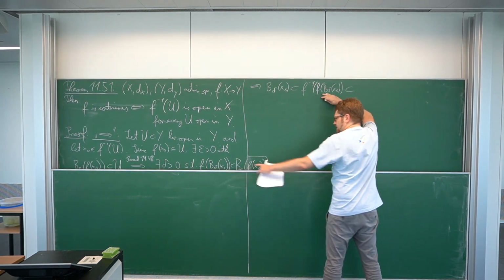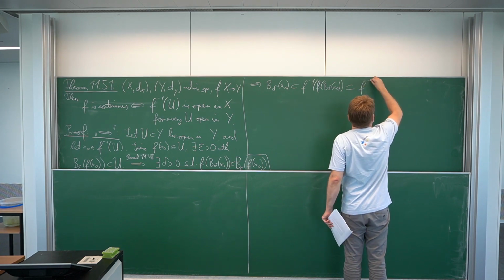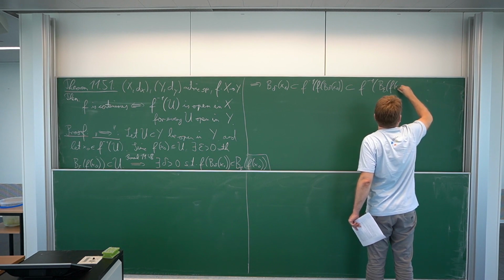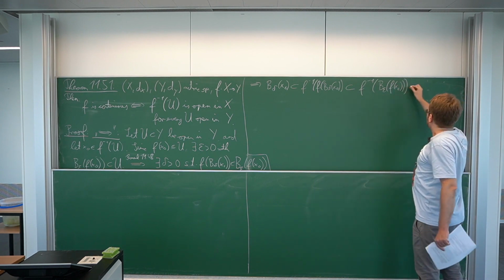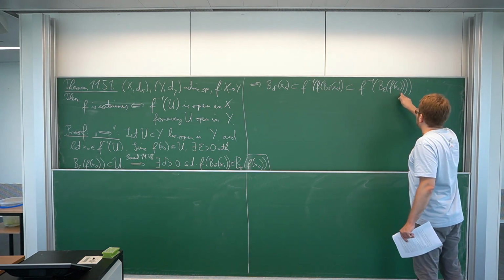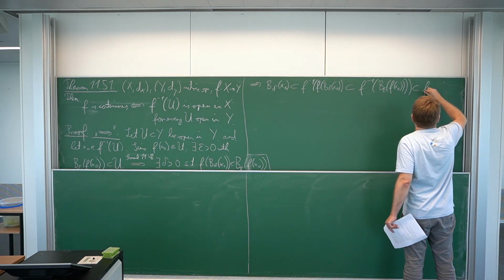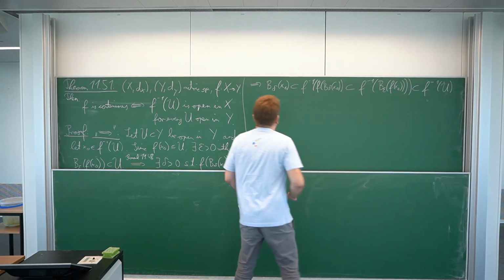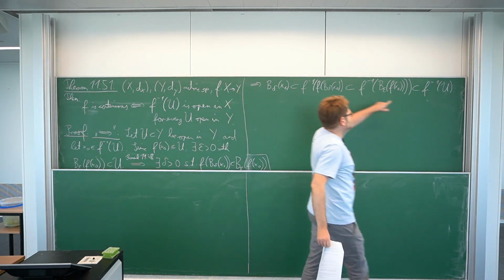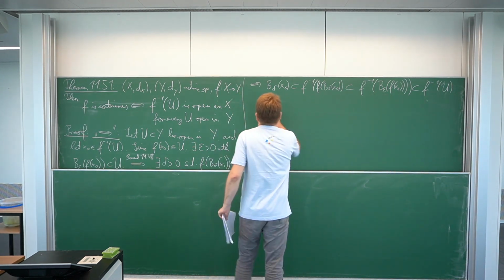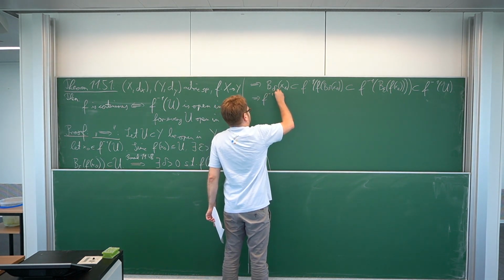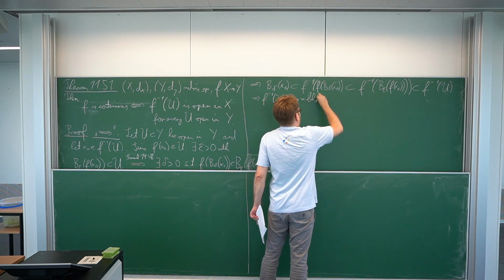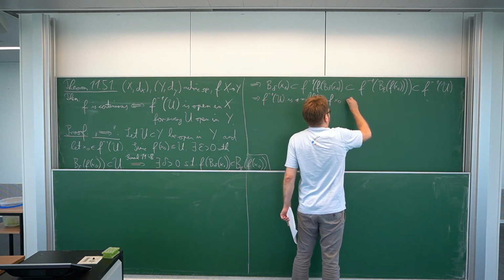So this is now contained in the preimage of this. So this is contained in f to the minus 1 of B epsilon of f of x0. But we know by construction from the openness that this here was a subset of U, so this is again contained in f to the minus 1 of U. So we have found a delta ball around x0 which is contained in this preimage, which means f to the minus 1 of U is a neighborhood of x0.